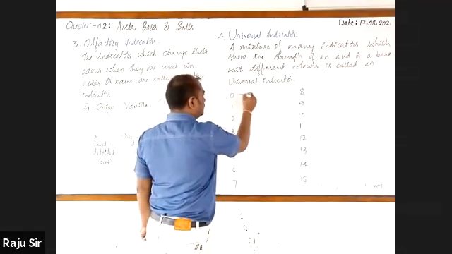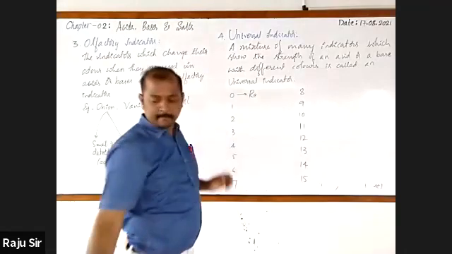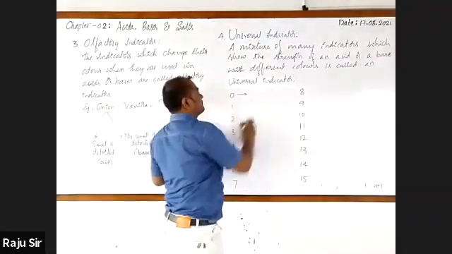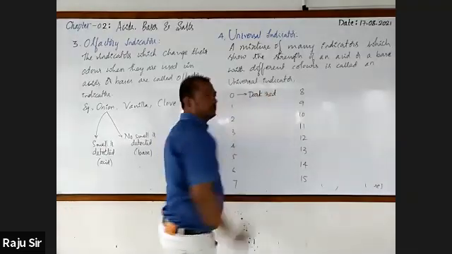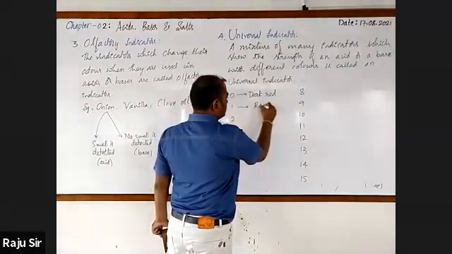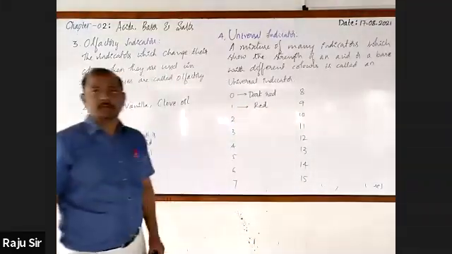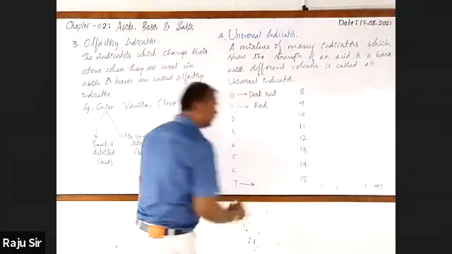At 0, it is dark red. Then it is red. The seventh one is important, green.